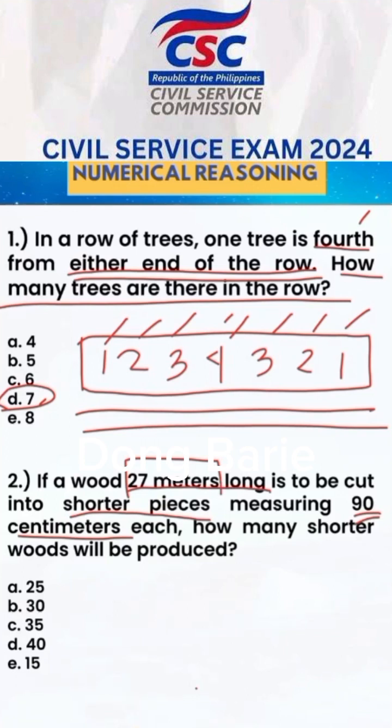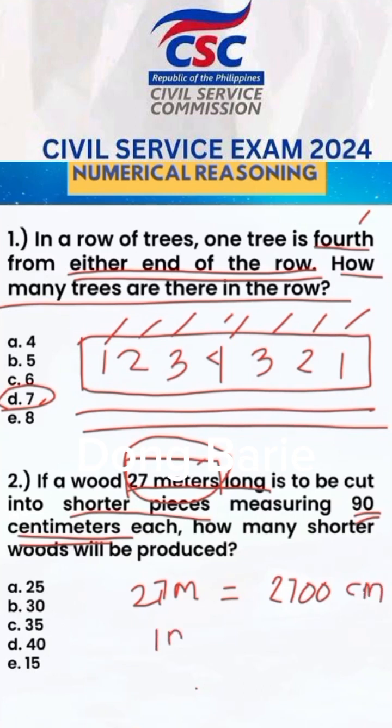Since centimeters po ito at meters ito, i-convert po natin itong 27 meters into centimeters. So, 27 meters is equal to 2,700 centimeters. Bakit? Kasi 1 meter is equal to 100 centimeters.